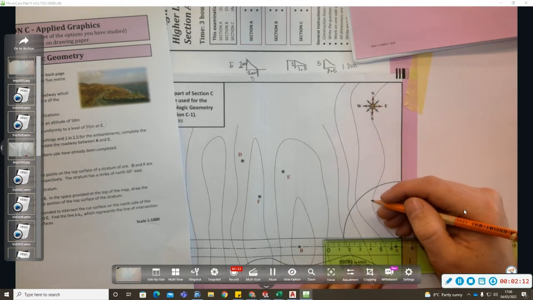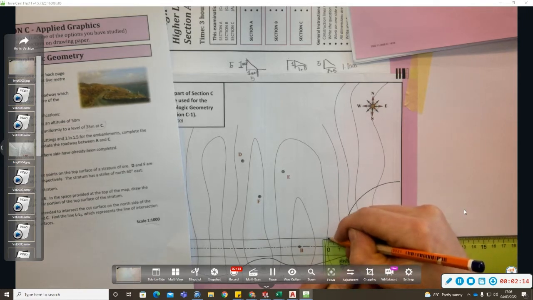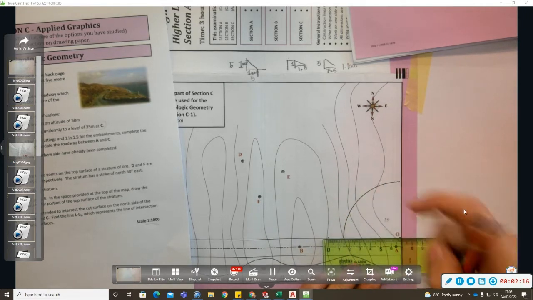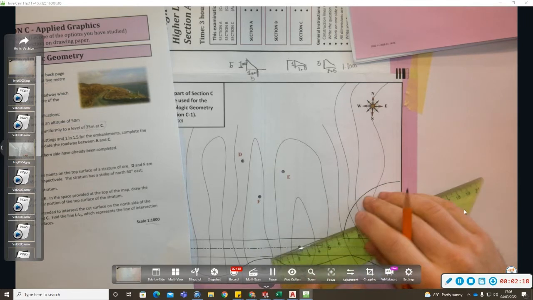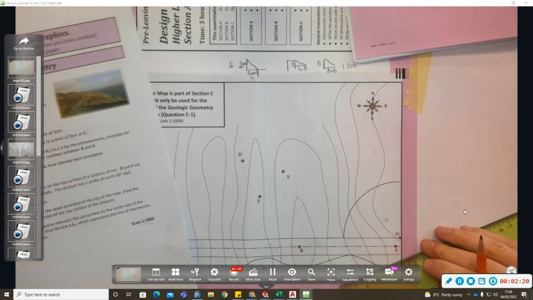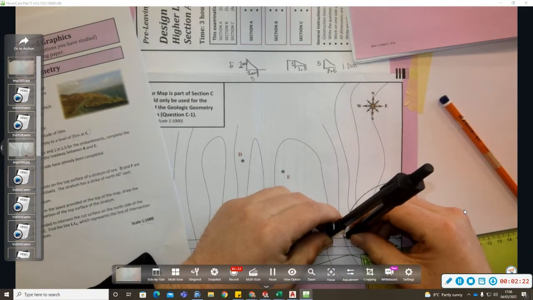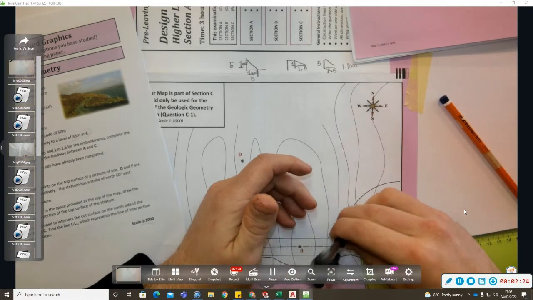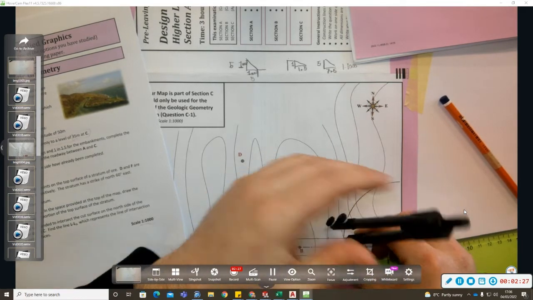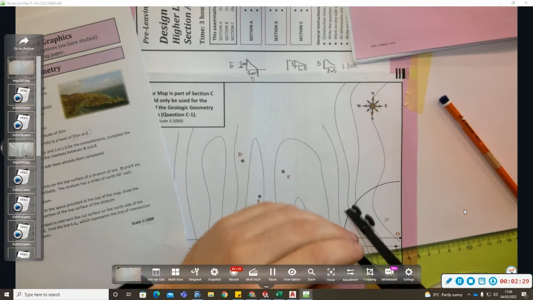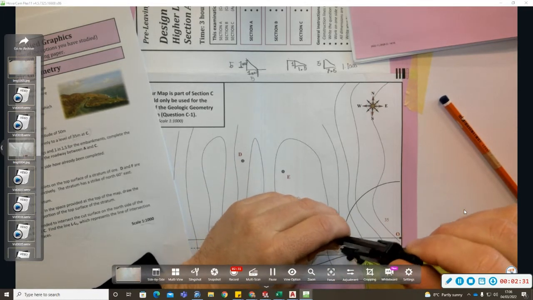Now I'm going to mark out 15, and then I'm going to get my compass and bisect that for 7.5, and I'm going to swing arcs for the embankment on the circular area.